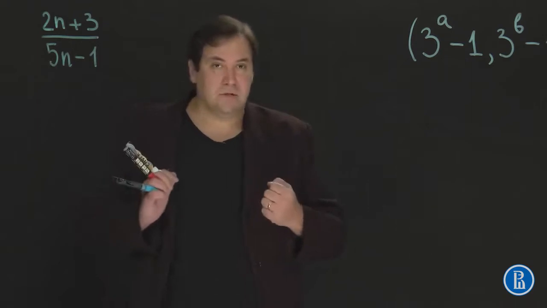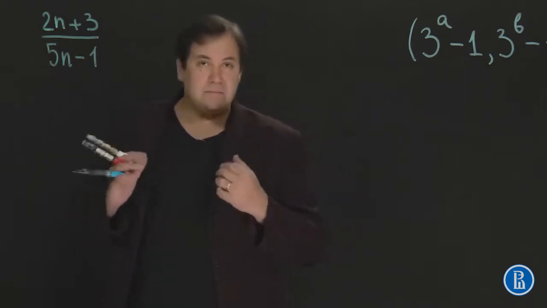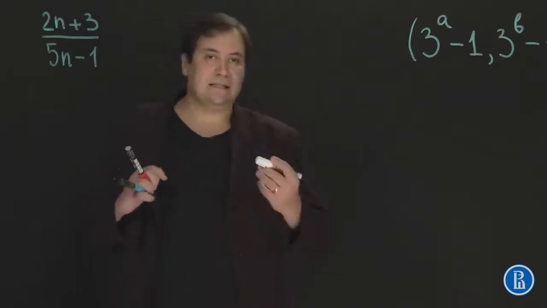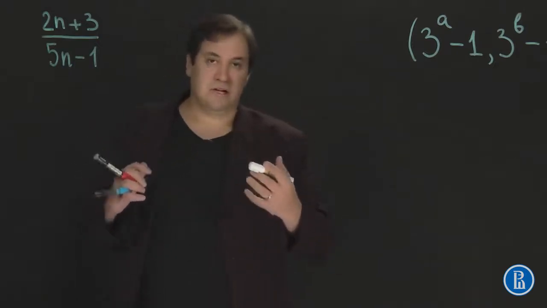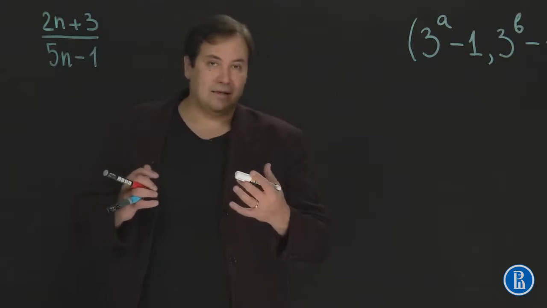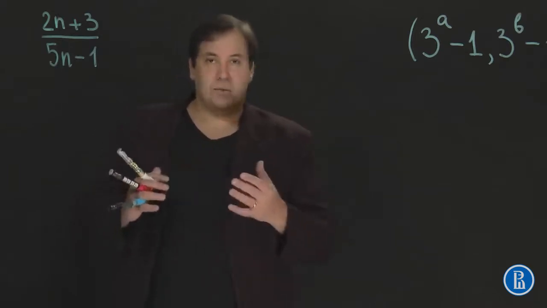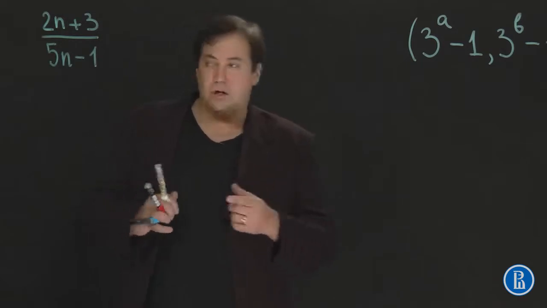Is it reducible? I don't know. It may depend on n. So let's try putting certain values of n into this fraction and see whether it will be reducible or not.